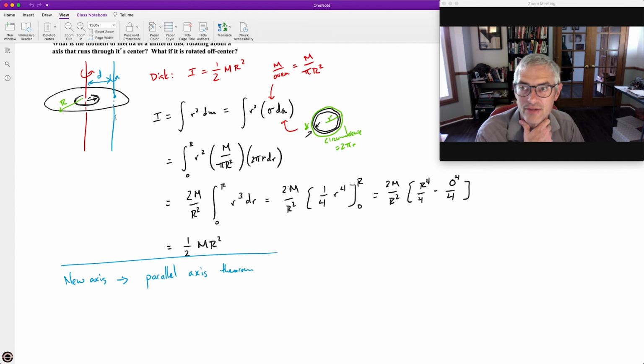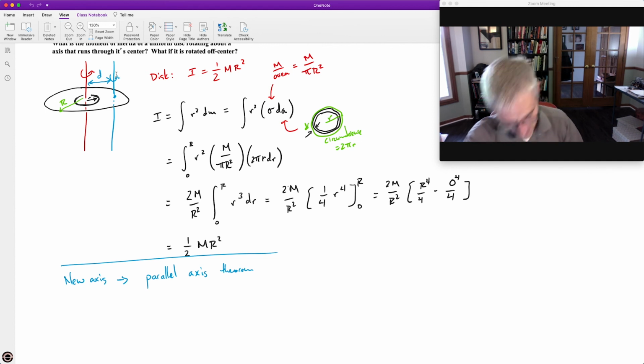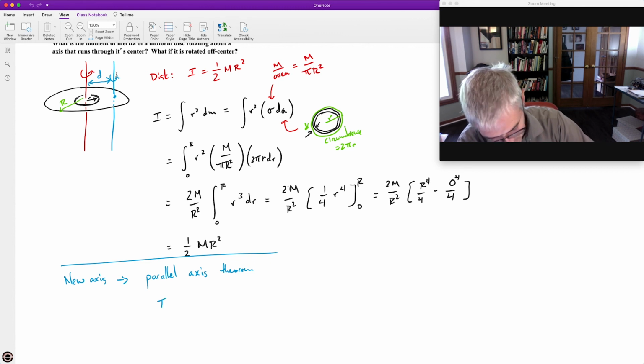Here we're going to look at it rotating around a different axis just off to the side. That's a distance little d away from there. So our moment of inertia in that case is equal to the moment of inertia about the center of mass plus the total mass times d squared, or 1/2 mR squared plus md squared.